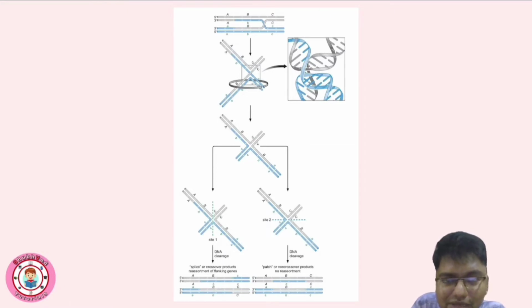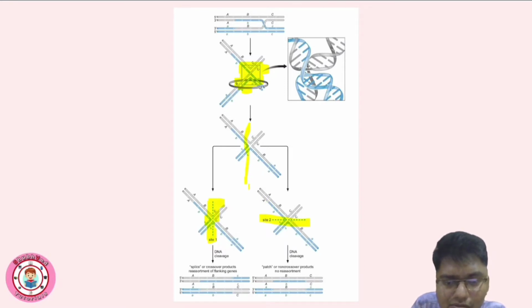Here the Holliday junction is present, right? This is the structure accurately. In the first step, the cut takes place like this. And the second step, it is vertical. Step 1 horizontally, step 2 vertically.